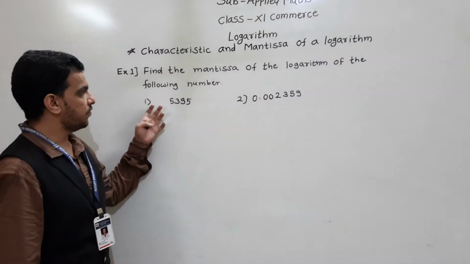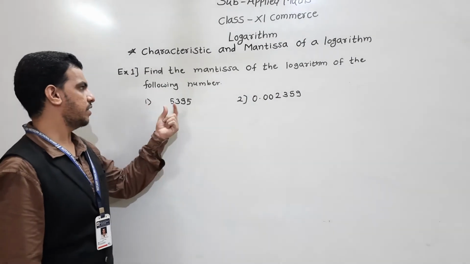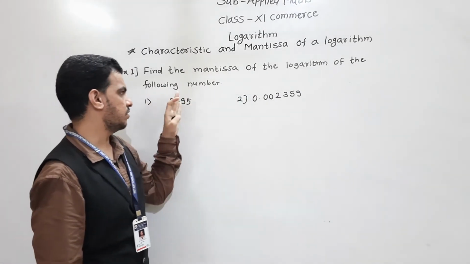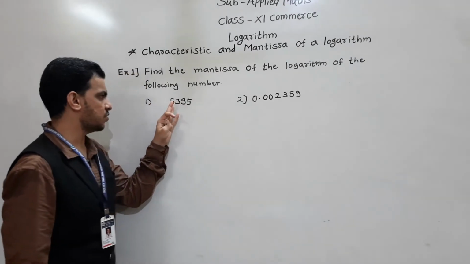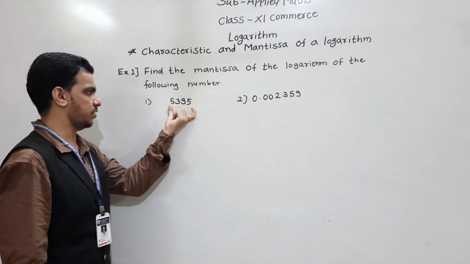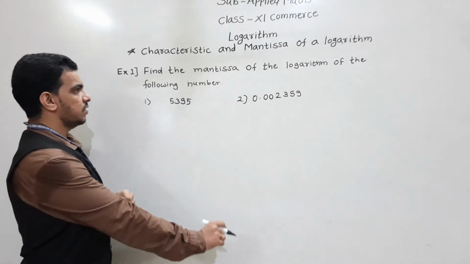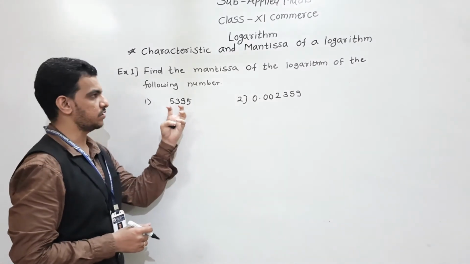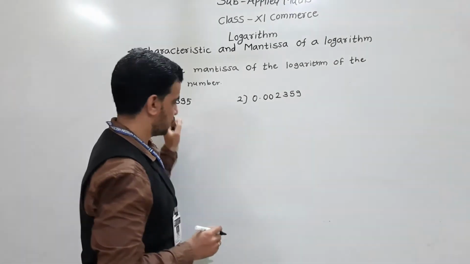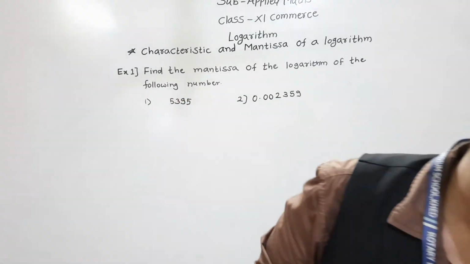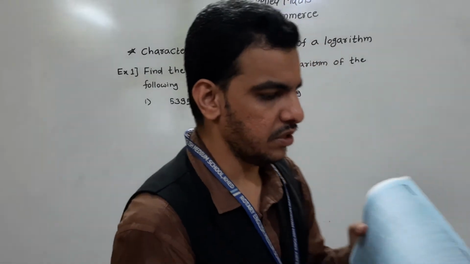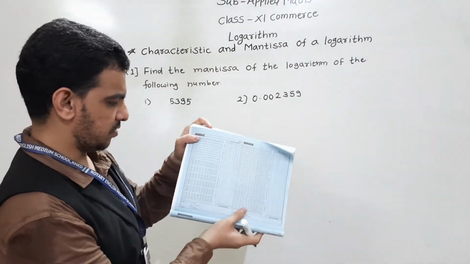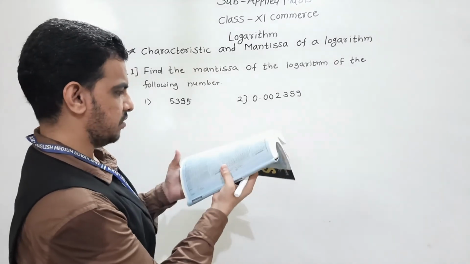Now we will find the mantissa of the logarithm of this number. The first one is 5395. Here we have to use the log table for this. I'm using the log table here.